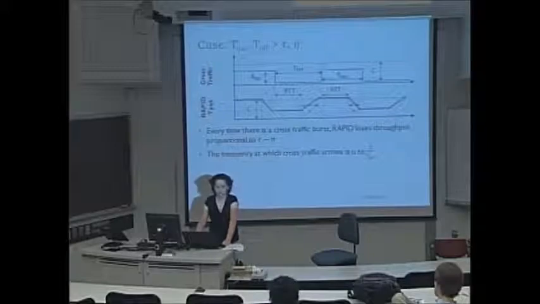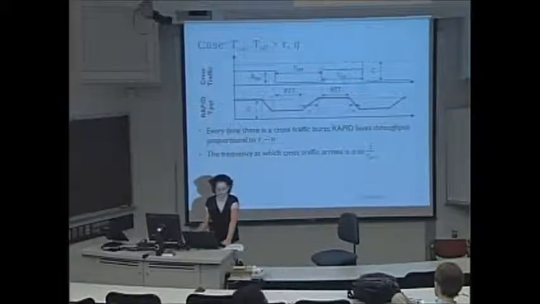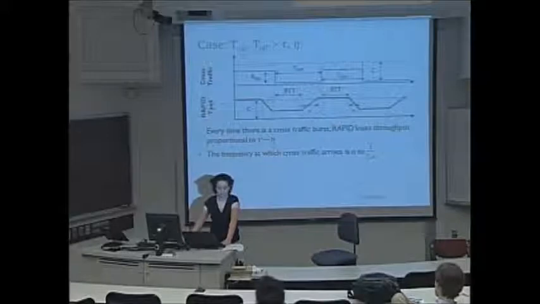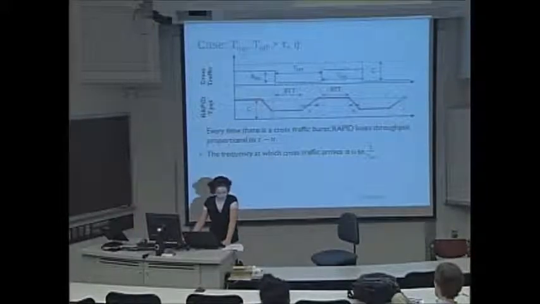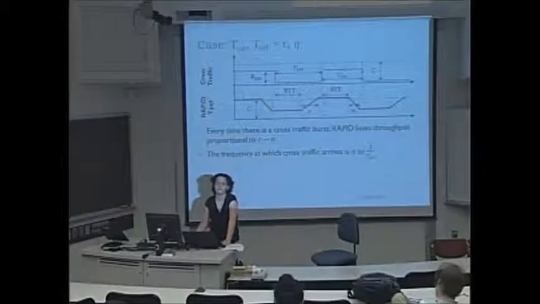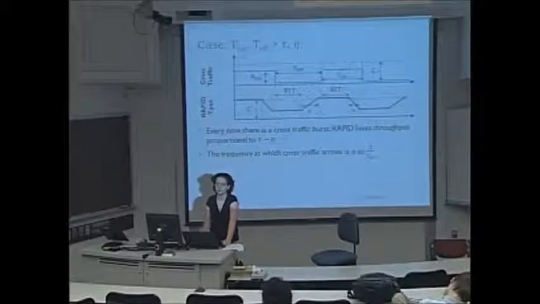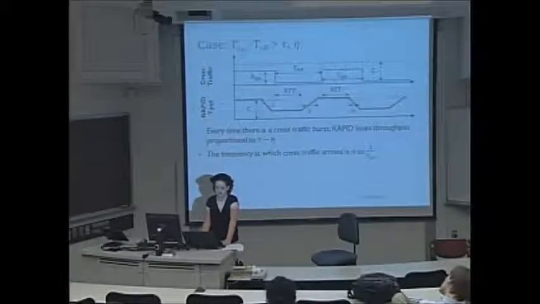And the greater the difference between tau and eta, the greater the difference between the time it takes you to ramp up to full speed versus how long it takes you to go down to the lower speed, the less time you're going to be able to send packets even though you could. So the loss of the utilization would be expected to be proportional to the constant tau minus eta.